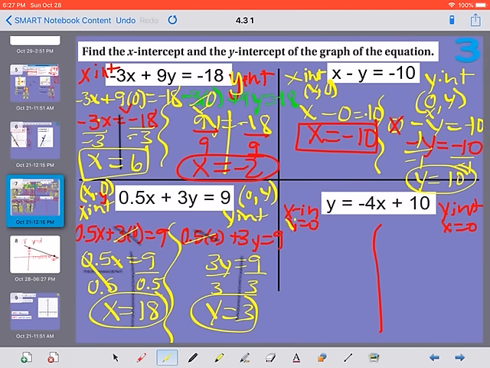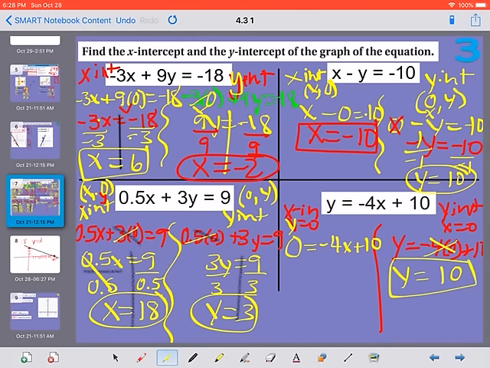So first, our x-intercept, y is 0, so we have 0 equal to negative 4x plus 10. And on the other side, when x is 0, we have y equals negative 4 times 0 plus 10. Now this one on the right, anything times 0 is 0, so it's really already solved for us, y equals 10. But on the left, we need to solve it.